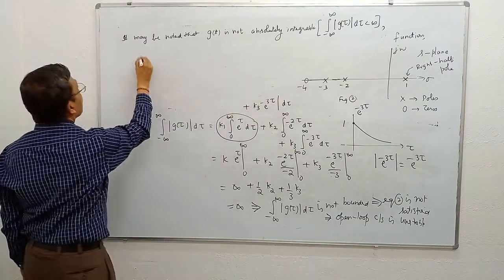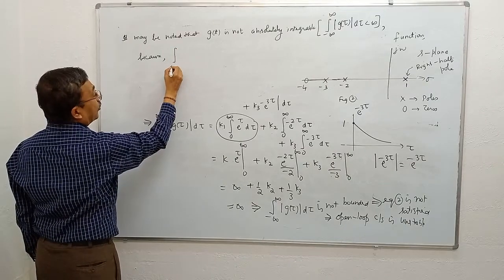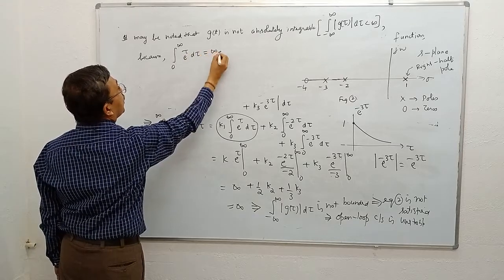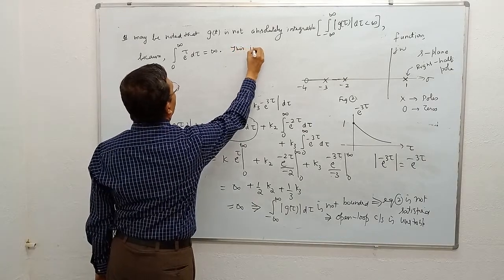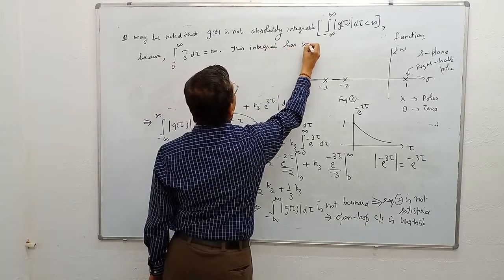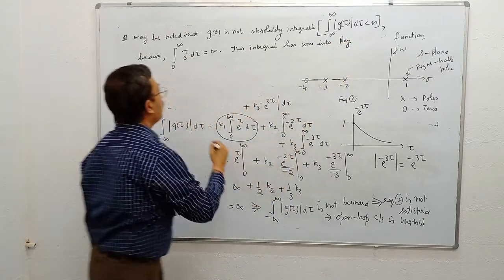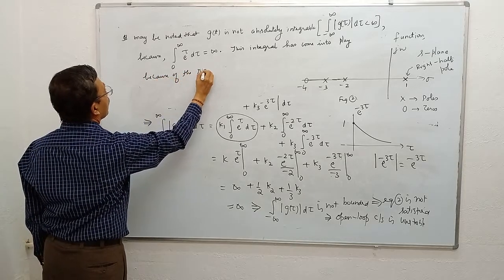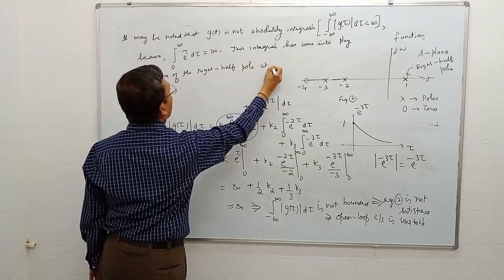Because the integration from 0 to infinity of e to the power tau d tau equals infinity. This integral has come into play because of the right half plane pole at s equals 1.